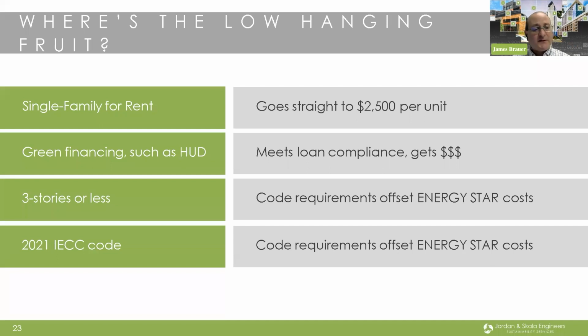Now, this is just the low-hanging fruit, and so, there might be a question that pops up in the chat about, well, what about 4 stories or more? That's not in 2021 Energy Code area. Well, it's still a good feasible program. There, the idea is that maybe you're looking to get a certification. Maybe you're being approached by your equity partners and saying, hey, we want something.